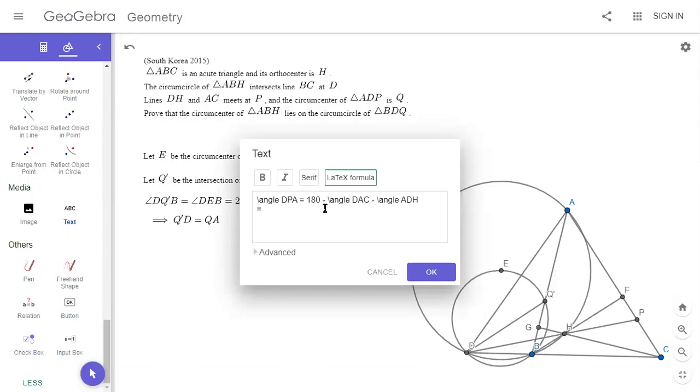DAC is isosceles, as we mentioned. So 180 minus angle DAC is twice angle C, right? Because DAC is isosceles, so that's twice angle C minus angle ADH.